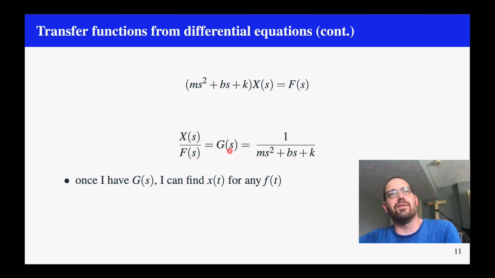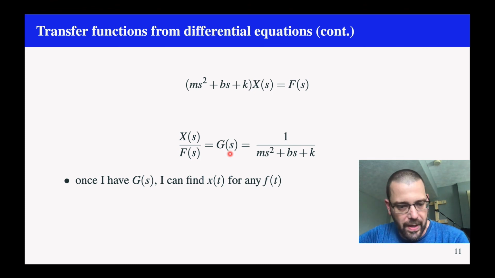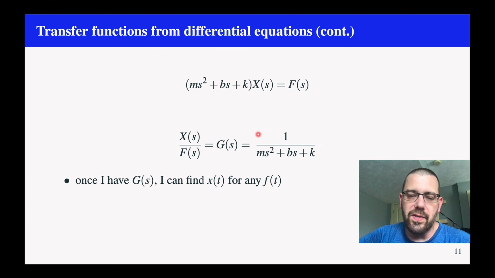I don't know why certain letters just get locked into certain things, but G of s is a plant transfer function. Plant is another controls term we'll talk about later. Generally, it just means the thing that you're trying to analyze or control, your dynamic system, whatever your open loop system is. Once I have G of s, I can find x of t for any f of t. And so this is my transfer function.